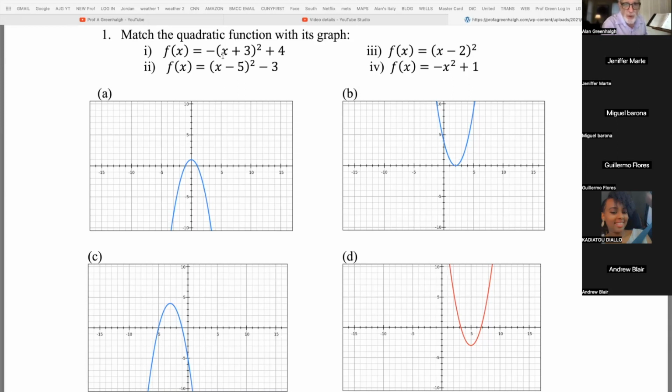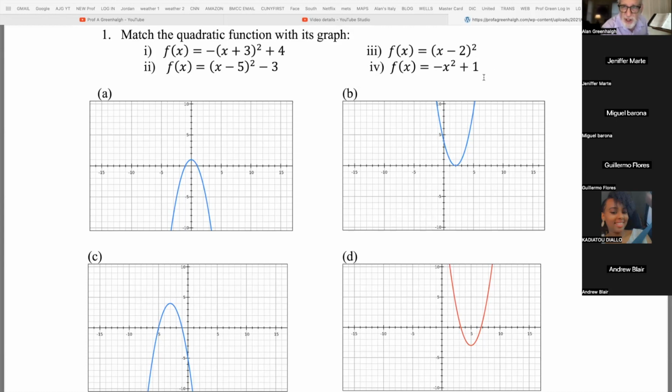Now, the one for A has a vertex of (0, 1). See this right here? It starts from 1. That's this one over here.